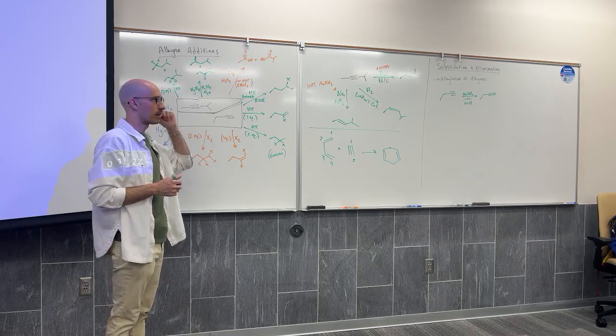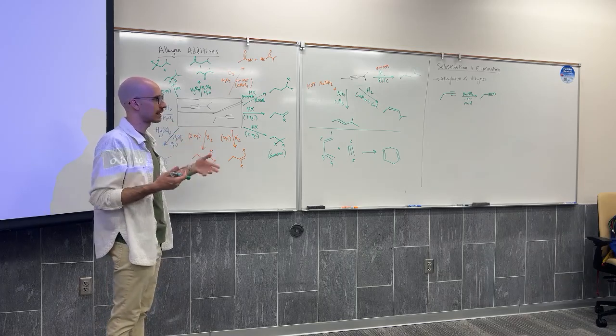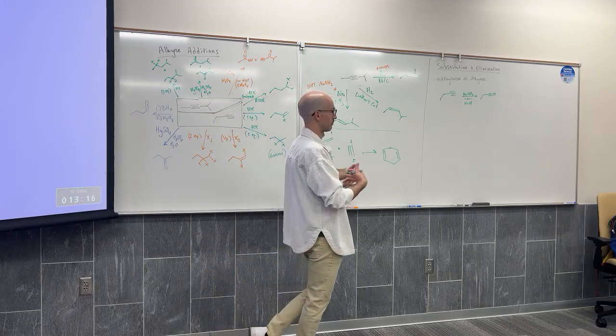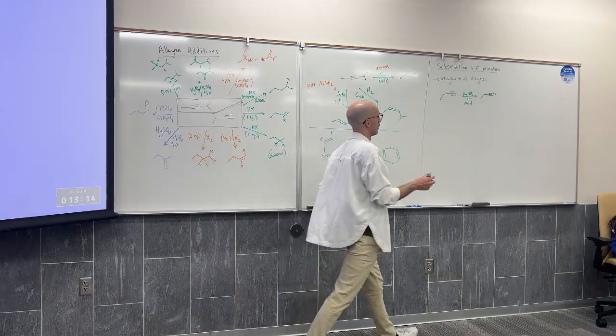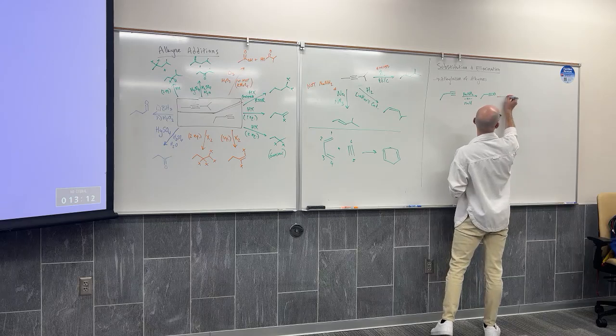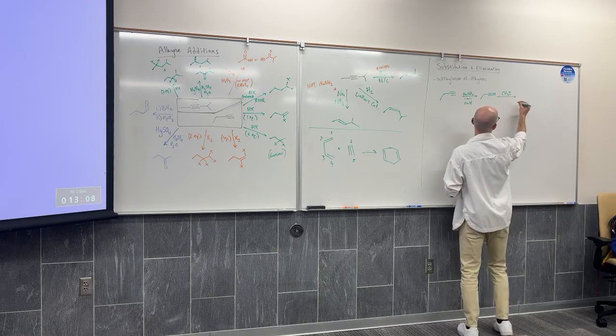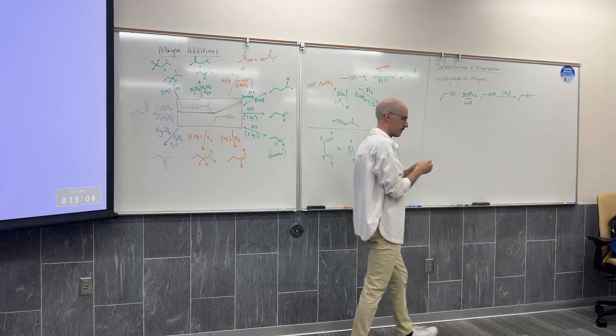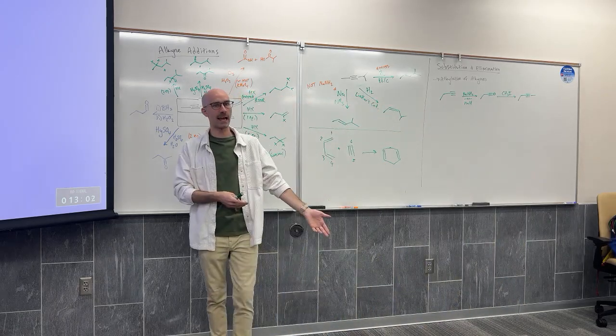If we allow that carbon to interact with too highly substituted a carbon, it might just run elimination. It might act as a base. So instead, we want to keep it small. We can add something here like methyl iodide. And we have alkylated the alkyne.